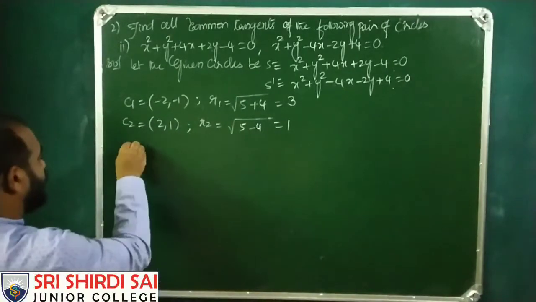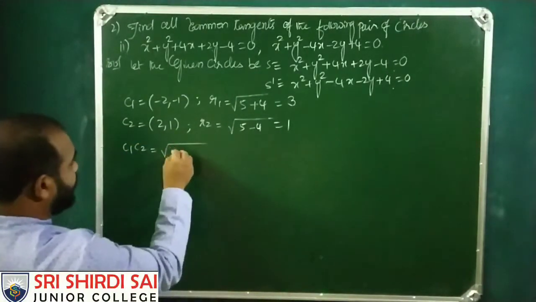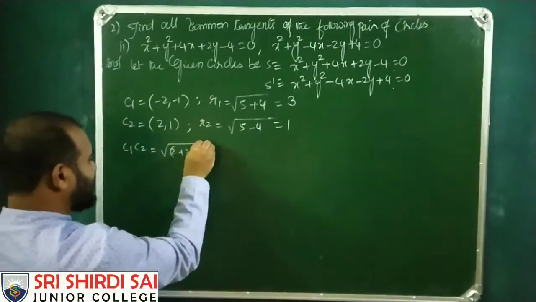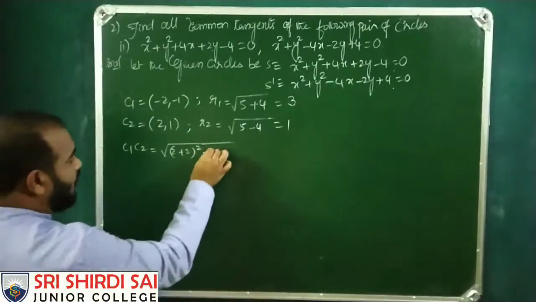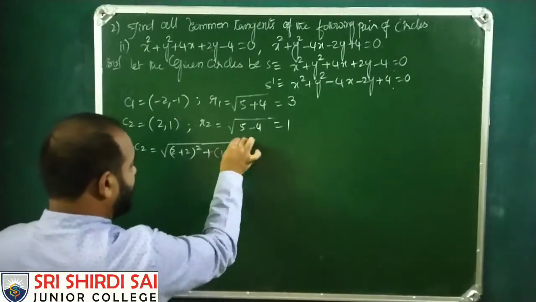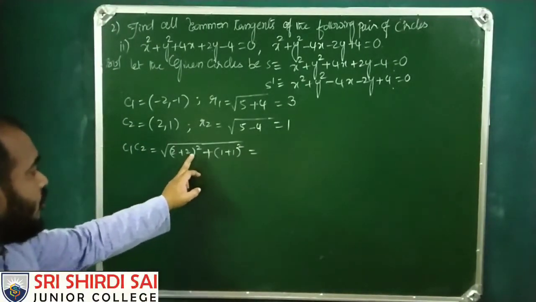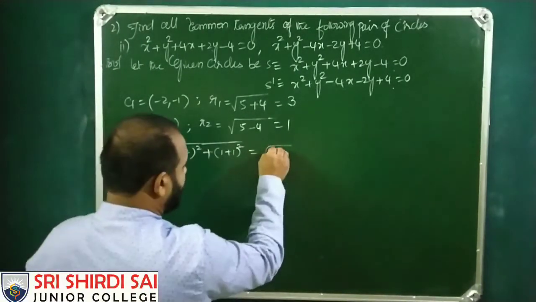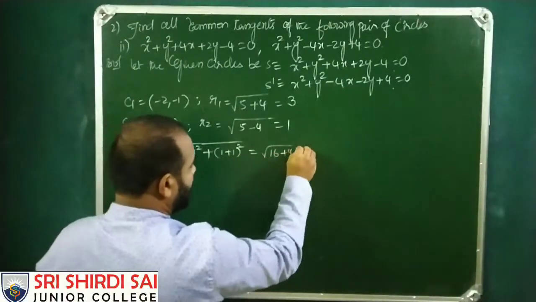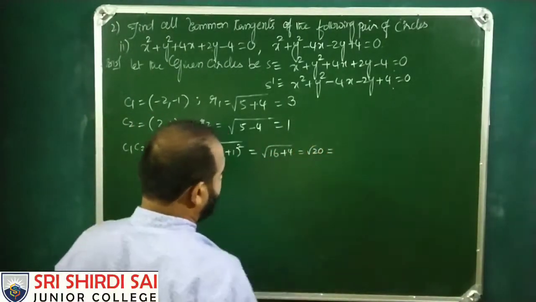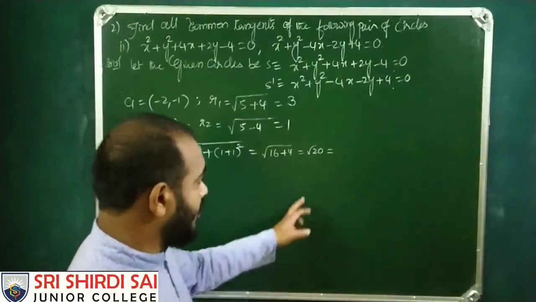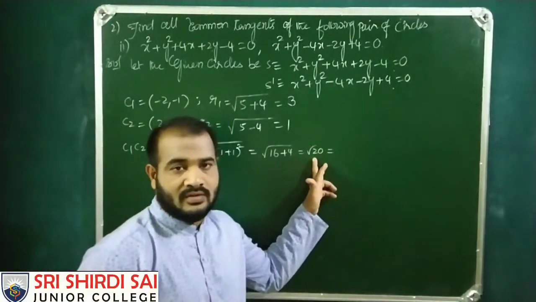What is C1C2? C1C2 is the square root of (2 plus 2) whole square plus (1 plus 1) whole square. So (2 plus 2) whole square is 4 square, 16, plus 2 square, 4, which is root 20. Root 20 is 2 root 5.